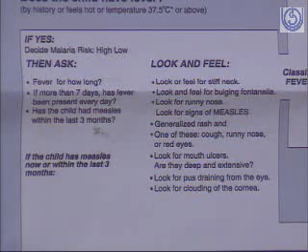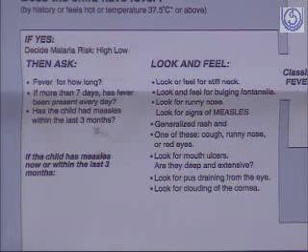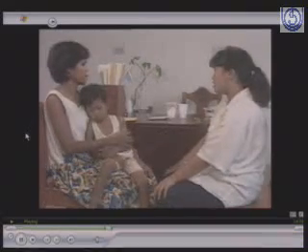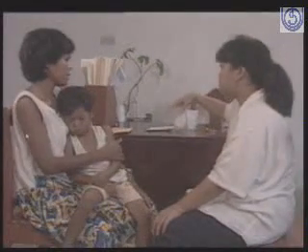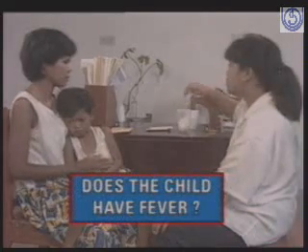Now can we have the video to show us how to assess a child with history of fever? History of fever during this illness, or who feels hot, or who has a temperature of 37.5 or higher. Ask, does the child have fever?